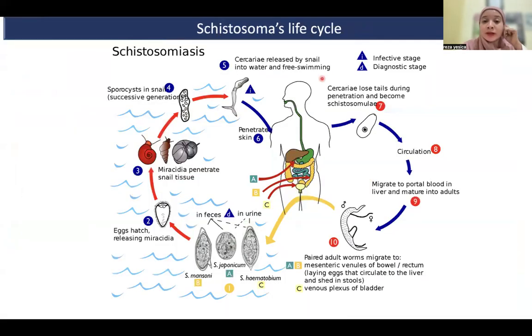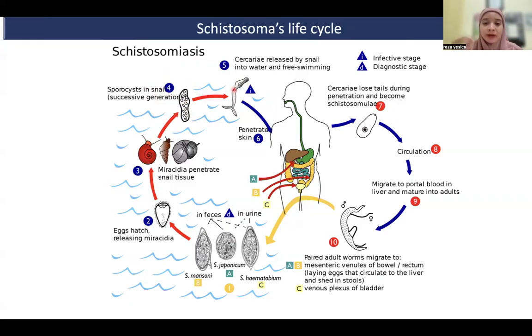And this is the life cycle. First, the egg can be found in feces or urine, and it will release miracidium in water. After that, miracidium will penetrate snail tissue and develop into sporocyst in the snail. After that, they will produce cercaria.